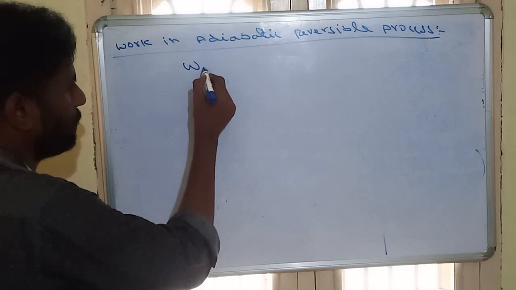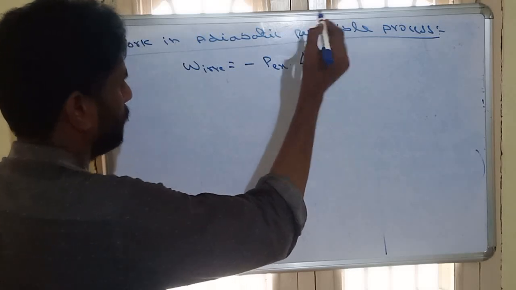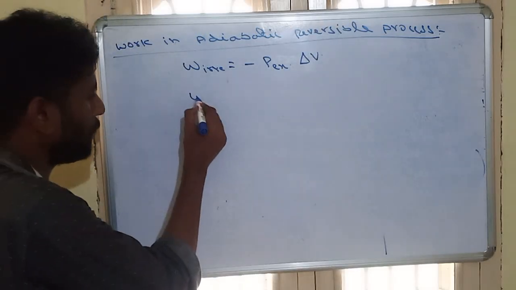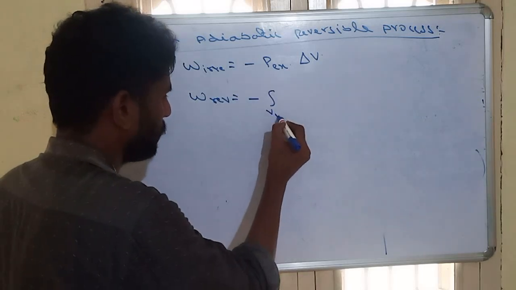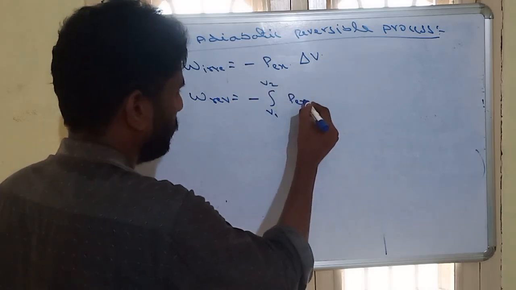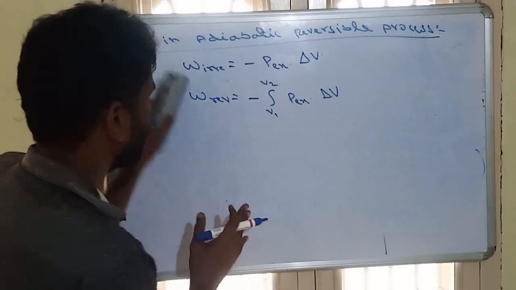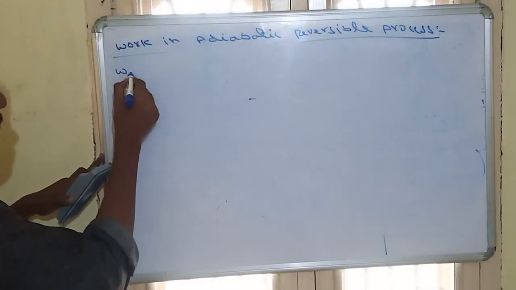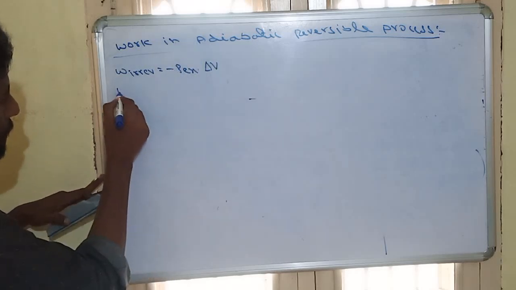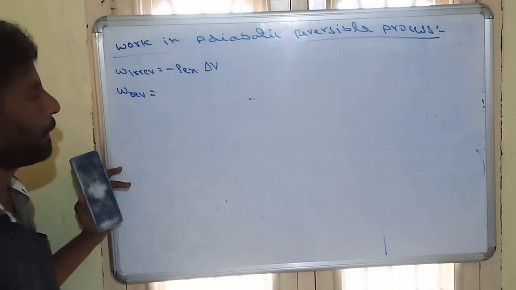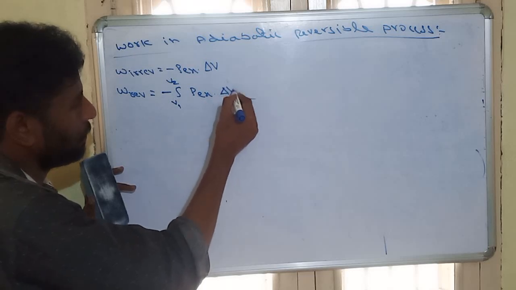So, from the irreversible work formula, minus Px into delta V. Work irreversible is equal to minus Px into delta V. If we have to convert it to reversible, we have to do integration from V1 to V2 of Px into dV.